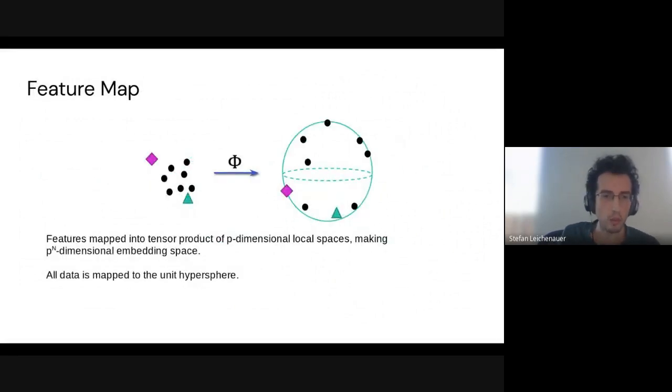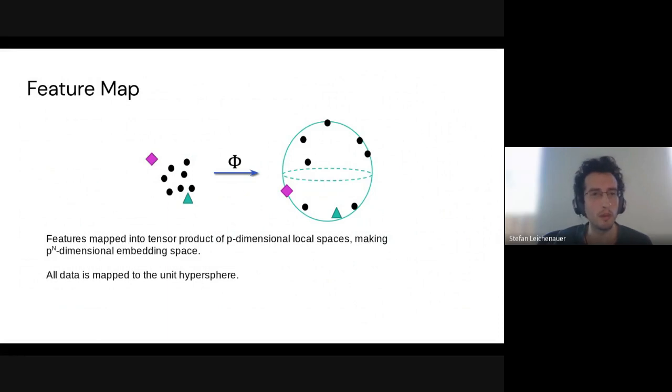So let's say a few more words about this feature map. This feature map takes our data and maps it into a very large vector space. How does it work? Well, we construct this feature map by concatenating, or taking the tensor product or outer product, of many local feature maps. Each feature we can treat as some number. Our features are all going to be real numbers.